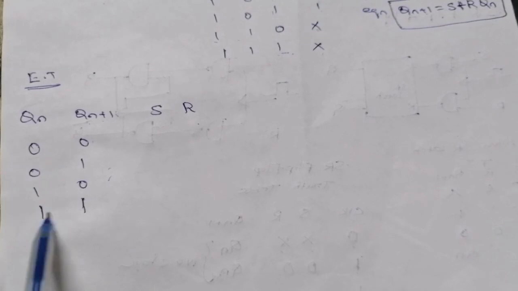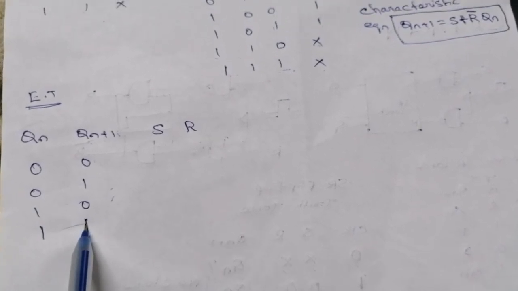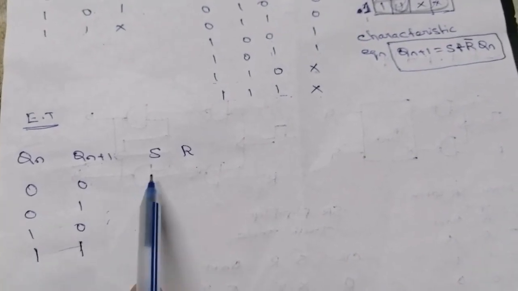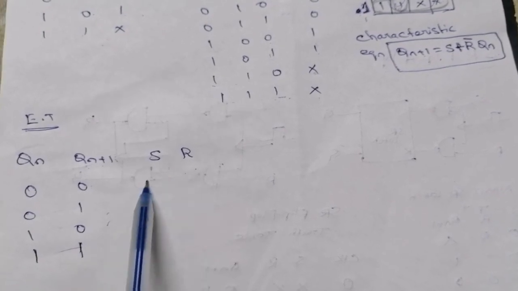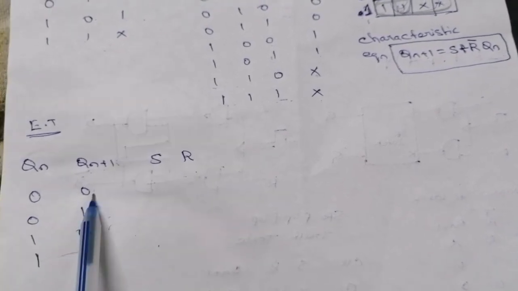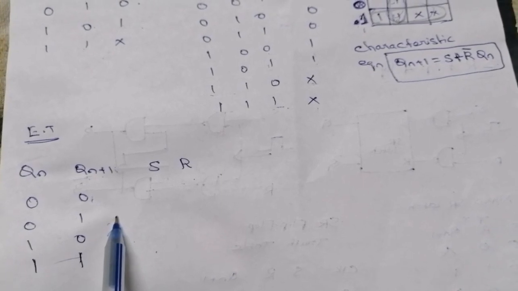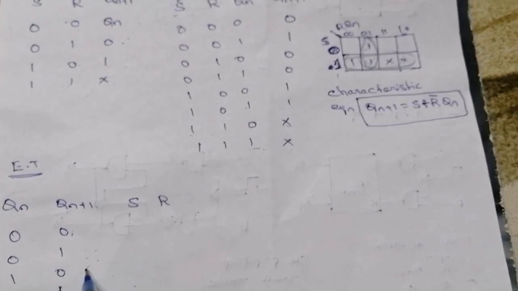The two variables have four possibilities: 0 0, 0 1, 1 0, 1 1. Here we have to find the S and R input values of the flip-flop for these combinations, which are identified from the characteristics table.